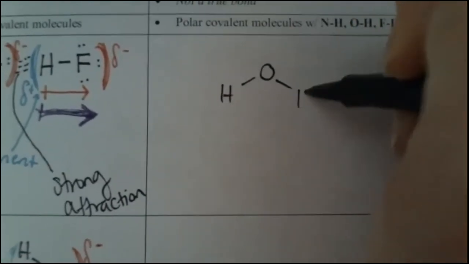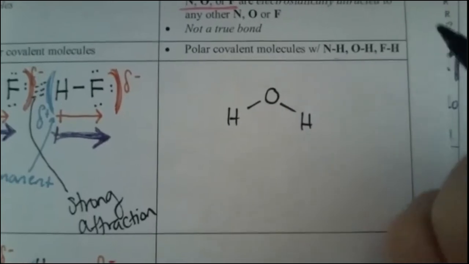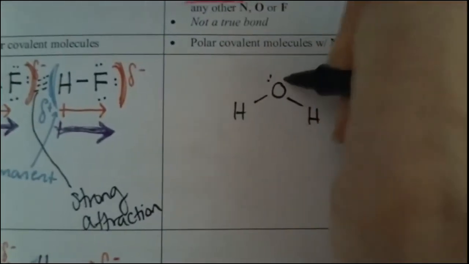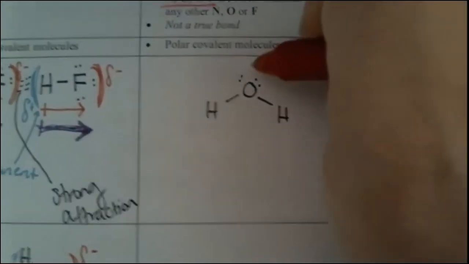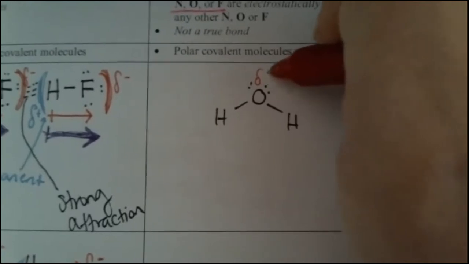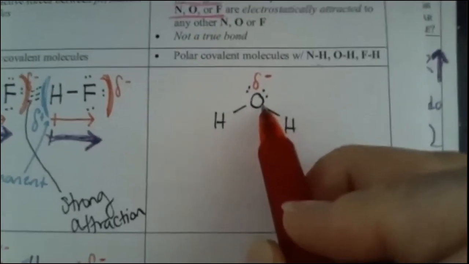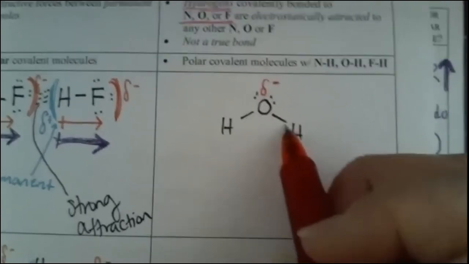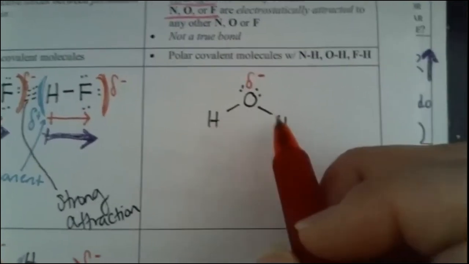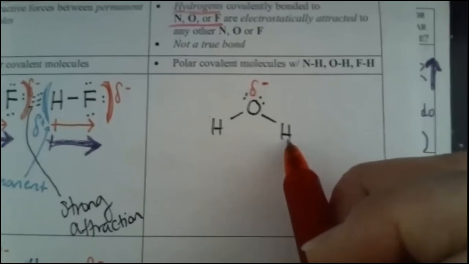So say we've got a water molecule. Two lone pairs. What we mean here is that this oxygen is really electronegative, so it's really pulling a lot of electron density away from the hydrogen, because hydrogen is really not very electronegative.